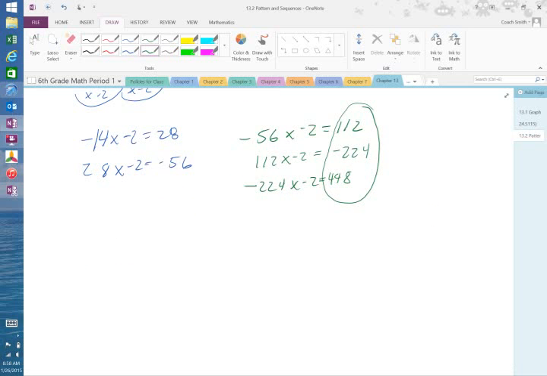All right, let's see if we can figure out this one. 4, 8, 3, 6, 1, 2, dot, dot, dot.